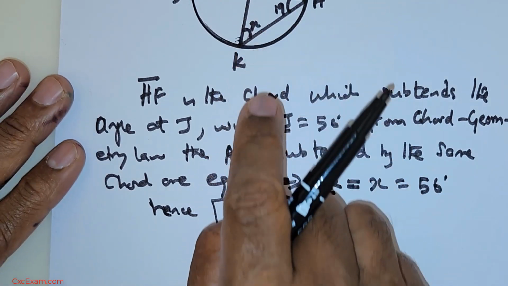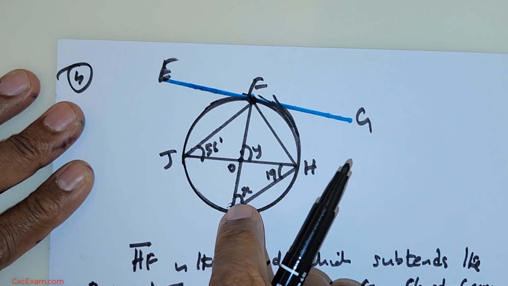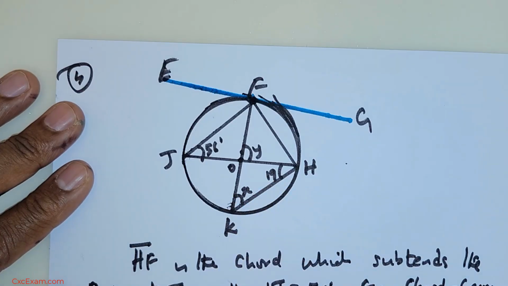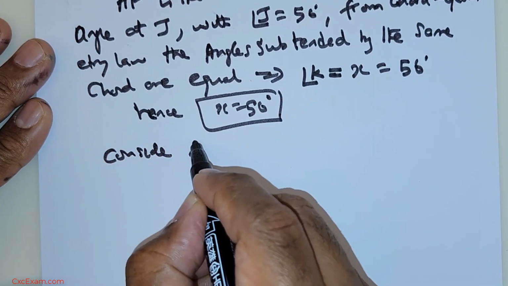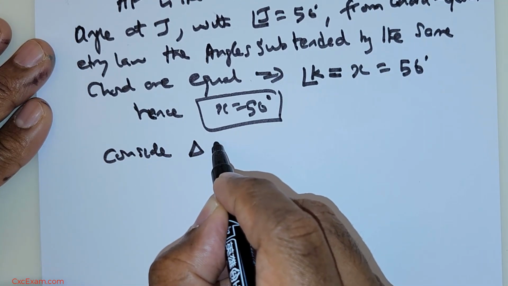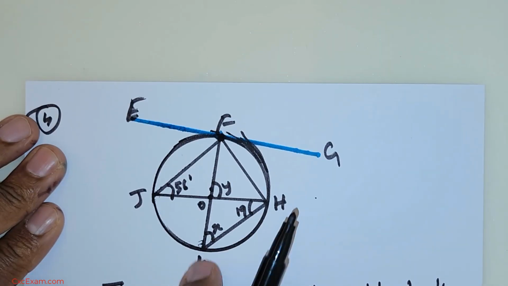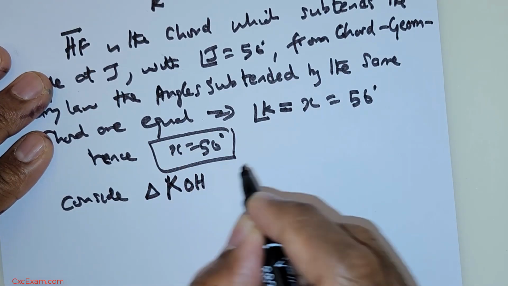Now you have to get angle Y. The center, I'm taking it as O. Now you see this is angle X, this is angle 19. Consider triangle KOH.